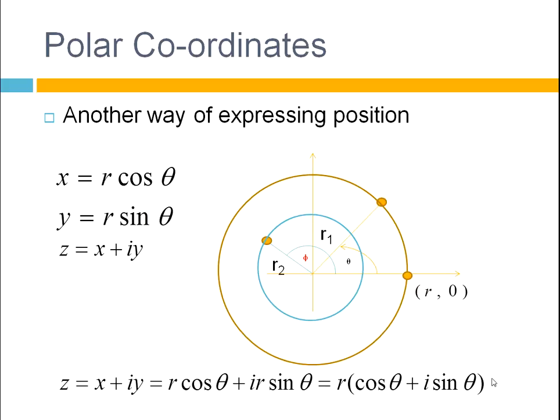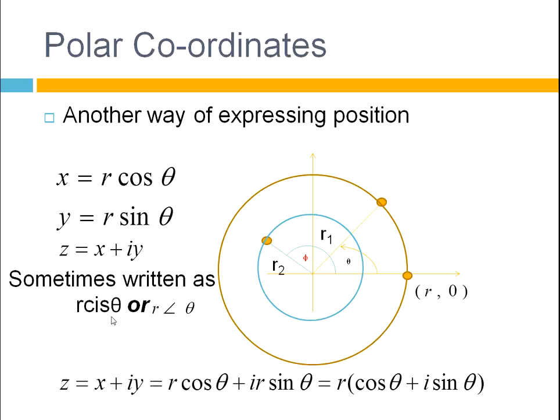This is your polar form. And this can also be written in other ways. You sometimes see it as r cis theta, where the cis is just cos plus i sin, which is pretty unoriginal. Or you can write it in an even shorter form, which is r at an angle theta.